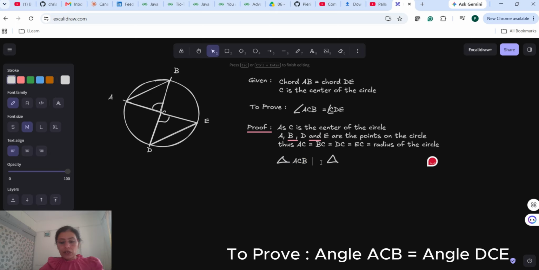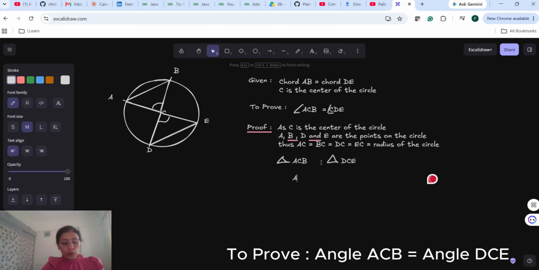So we are considering the two triangles. Here we have the triangle ACB, and the other is the triangle CDE. Now let us see what we know about these two triangles.